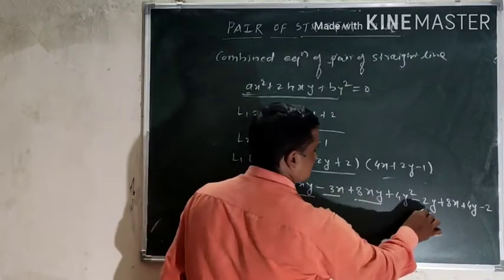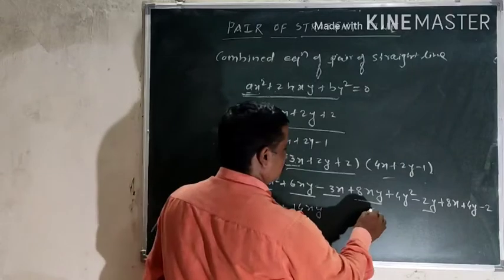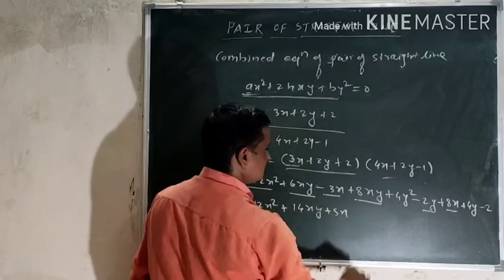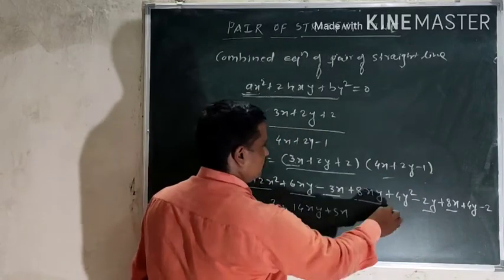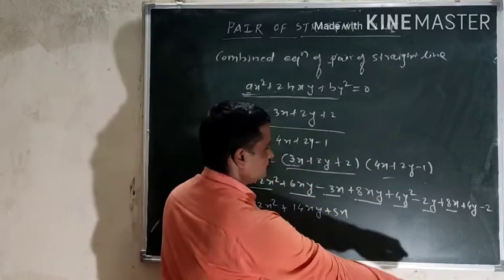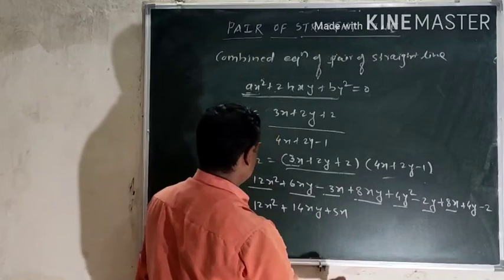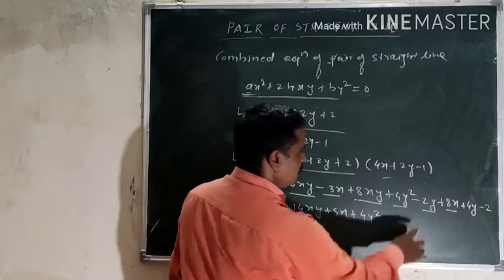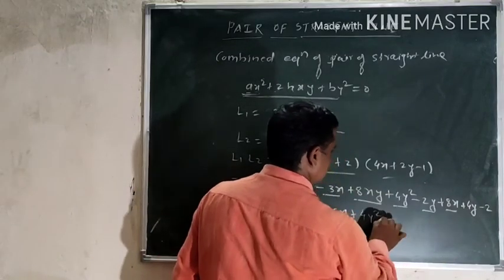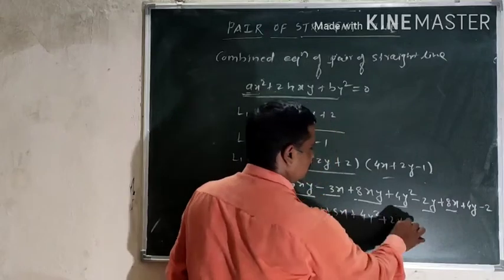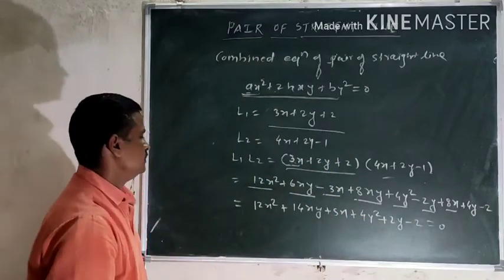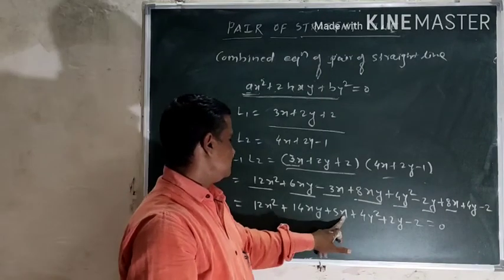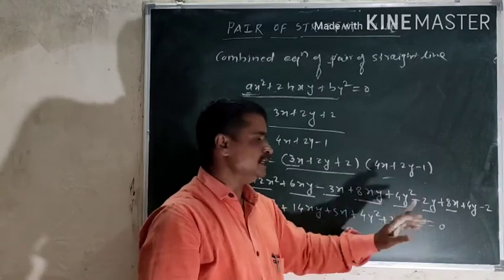Then minus 3x plus 8x is equal to plus 5x. Then 4y square, and minus 2y plus 4y is equal to plus 2y, and minus 2. So it is 12x square plus 14xy plus 5x plus 4y square plus 2y minus 2 equals 0.